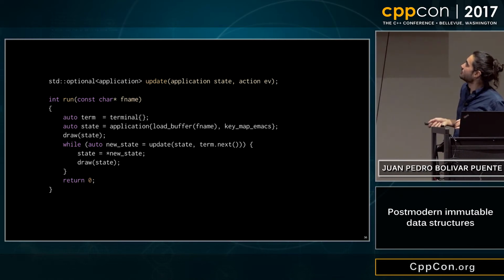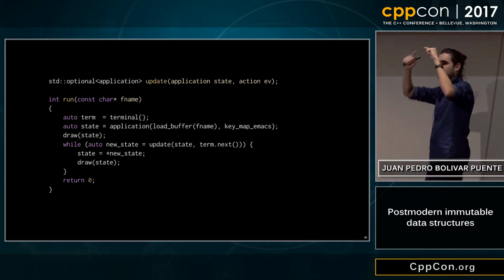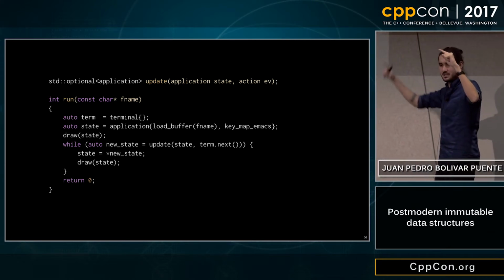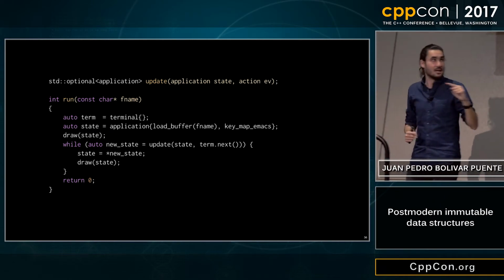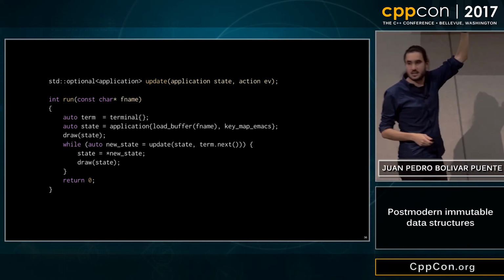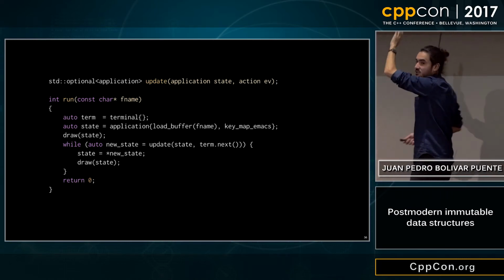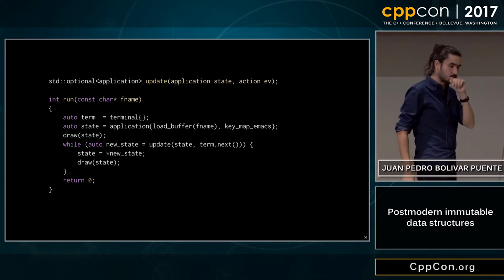And the nice thing here is that this state variable is the only single mutable variable that really lives through the whole application. And even further, it's hidden within this function, right? So no one is taking a reference to this variable. So all mutations that happen, you can understand by reading this function.